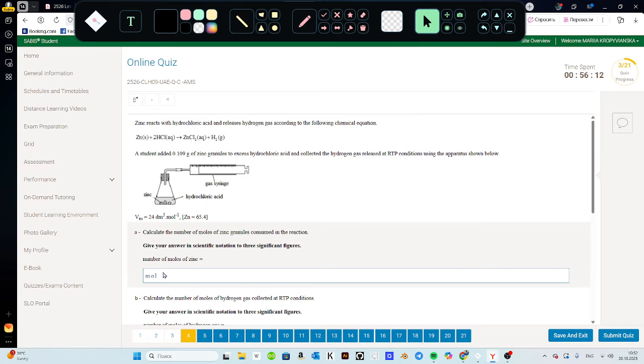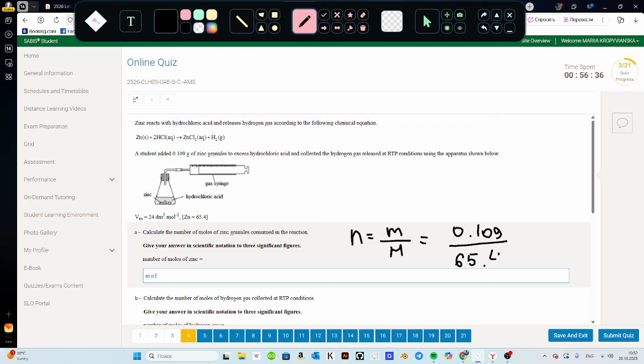Okay, so we need to calculate the number of moles of zinc granules consumed in the reaction. Here we're obviously going to be using the same formula that we've used before. n is equal to mass over molar mass. So 0.109 grams over the molar mass, which is 65.4.